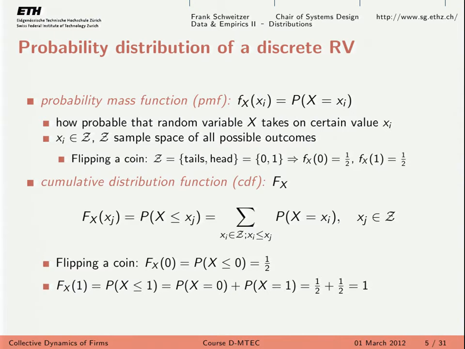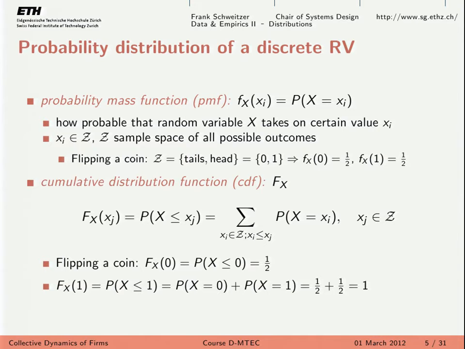You have these 2 realizations only, and together they have to sum up to 1 because there is no other value available. So to recapitulate, the small f gives me the probability that a certain xi occurs, and the capital F gives me the probability that the value I get is below a certain value, xi or xj.